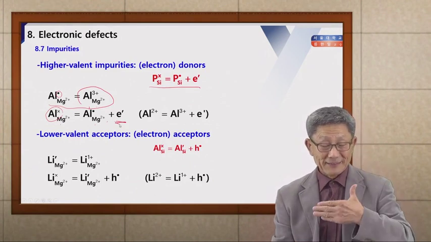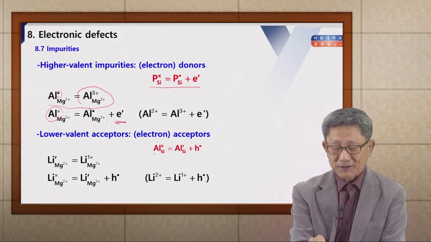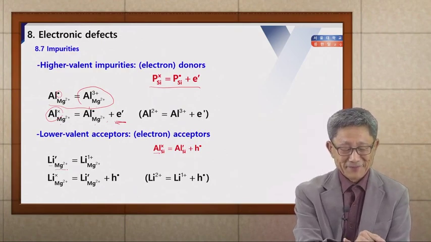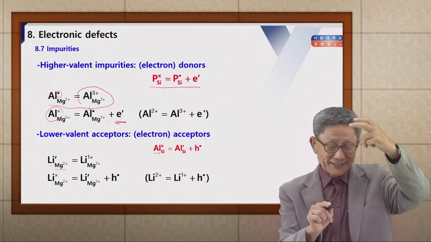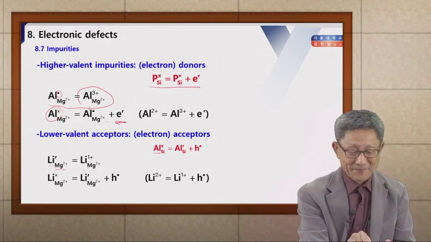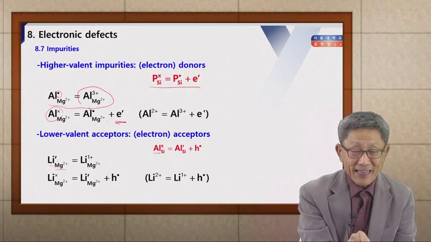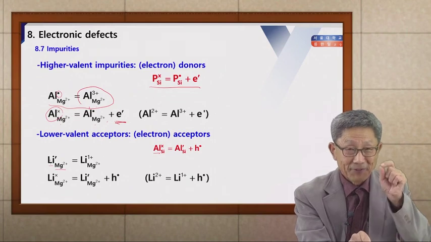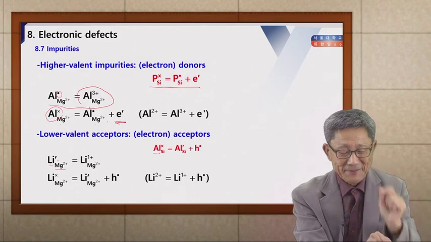What about lower valent? Yes, the opposite case is true. For the case of silicon, I took aluminum as the example for acceptors, right? Okay, let me take lithium on the magnesium side. Lithium is singly ionized. It has only one electron on the outermost orbital. Then, to fill up the entire bond, it has to donate 2 electrons, but it has only 1. Therefore, it should have one empty site around itself, okay?